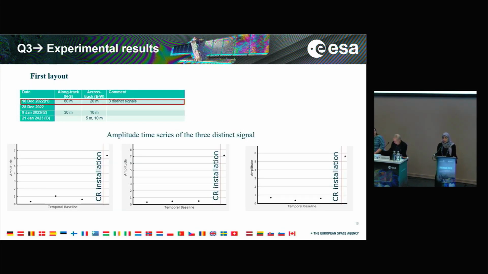Also, we looked at the amplitude time series of the 3 corner reflectors. As you can see, after the installation of the corner reflector, there is a significant jump in the amplitude value.